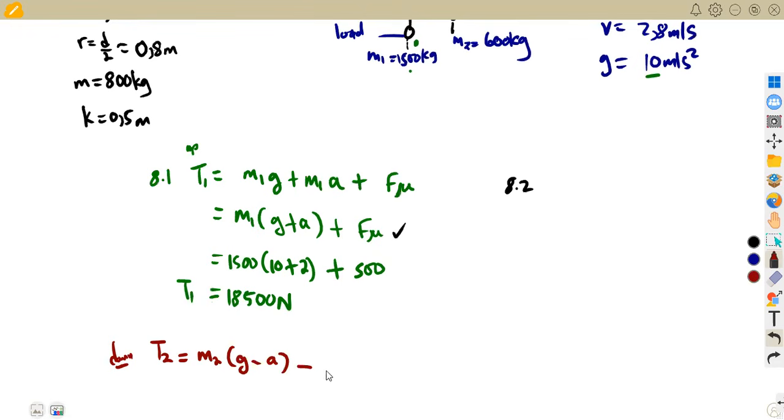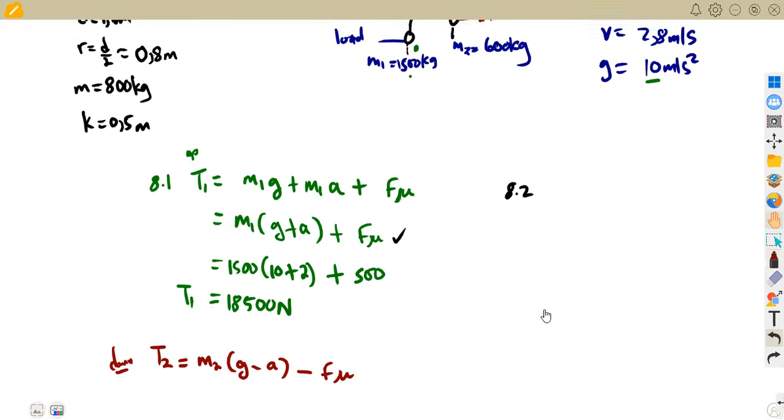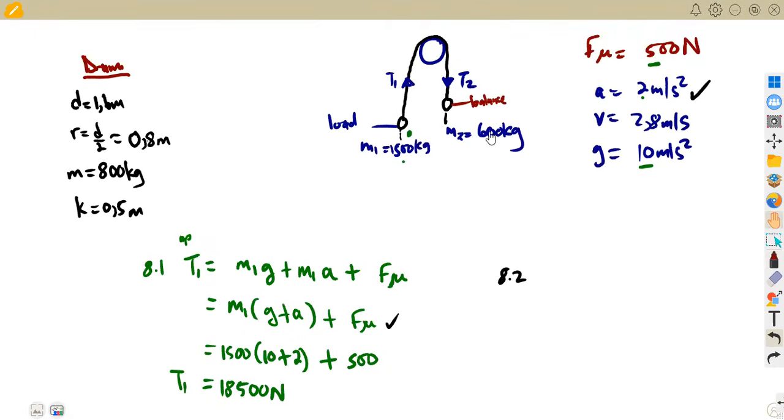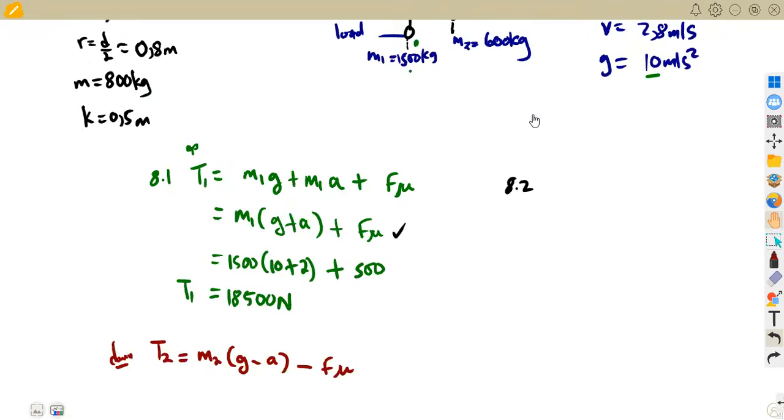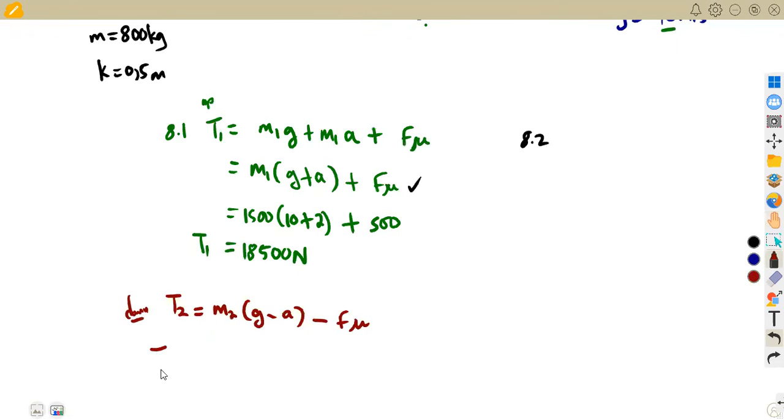Also the frictional resistance you subtract. So T2 is affected by M2, which is the mass of the balance in this case, which is 600. So we are going to use 600 kgs. So T2 is going to be 600 kgs into the gravitational acceleration. We are given that as 10, minus the acceleration, remember that is 2, minus the frictional force on both sides, which is taken as 500.